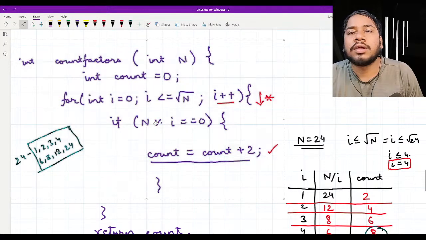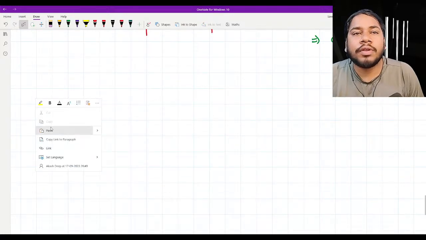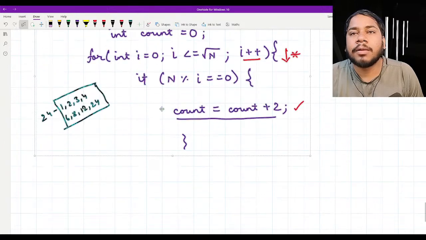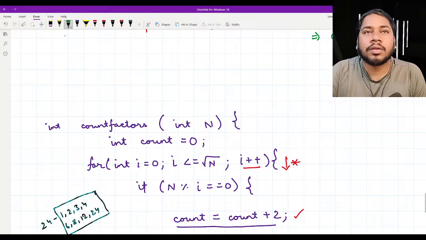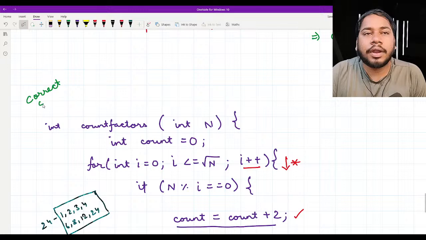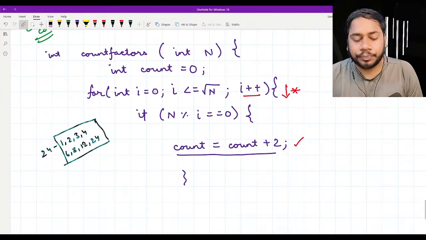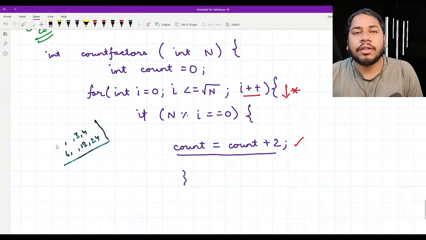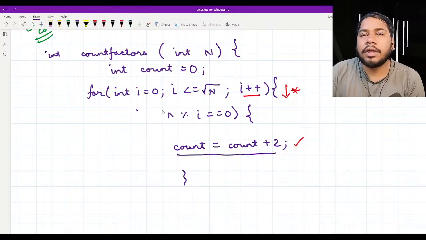So now the code will be something like the correct code. Let's move it a little to the top. This is not required. Let's move it.